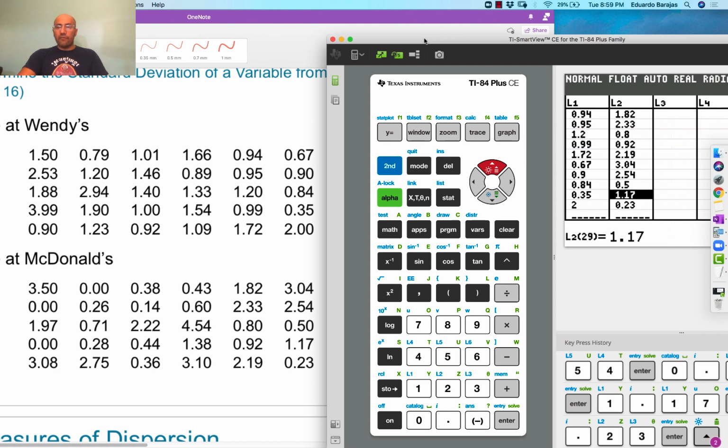Okay, so I've very painfully, manually inputted each one of the values for Wendy's and McDonald's.